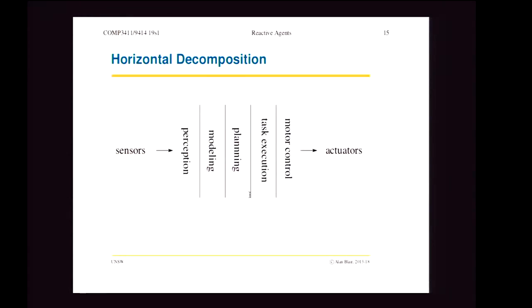The idea was that you would have a perception module that senses the environment, and then a modeling module that from that perception tries to maintain a map of what objects are in your environment, then a planning agent, and then a task execution agent, and then motor control, and the processing would proceed in a linear fashion from one to the other.